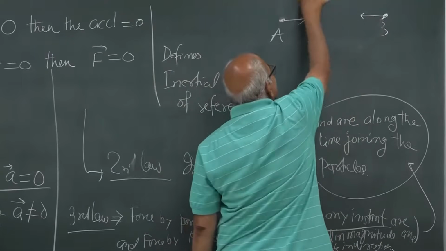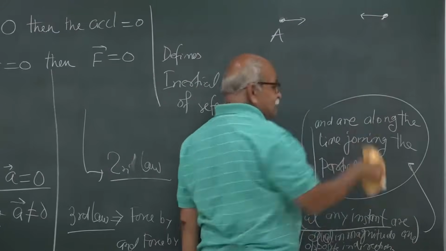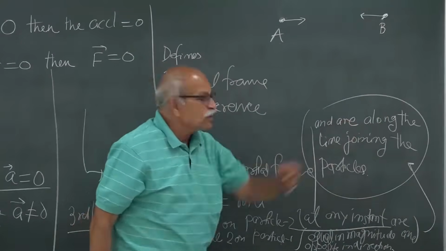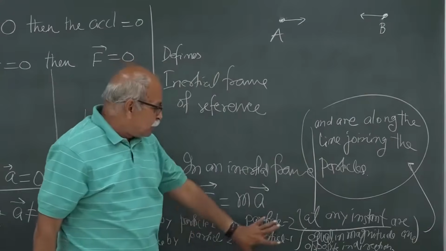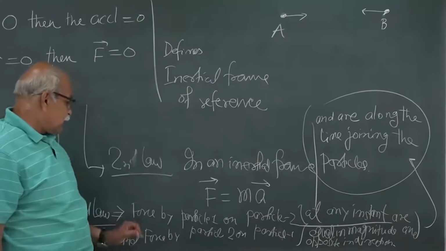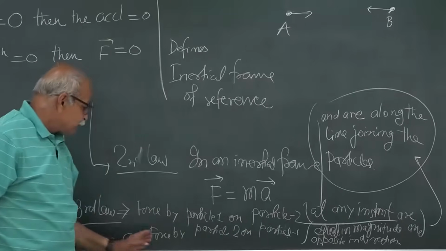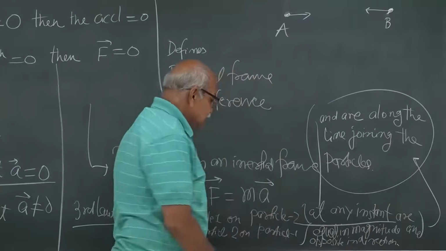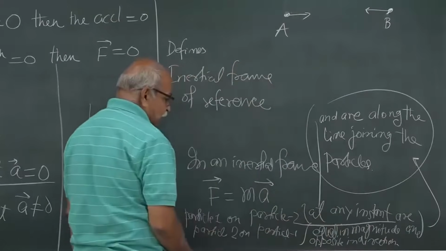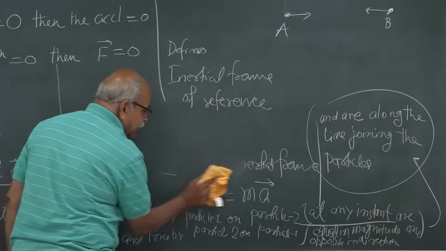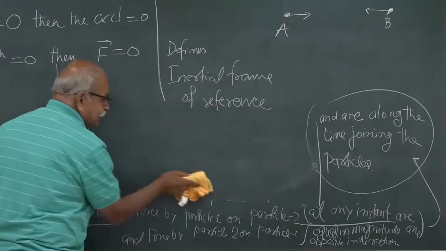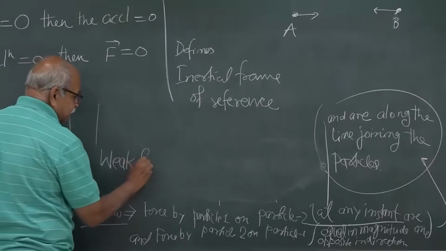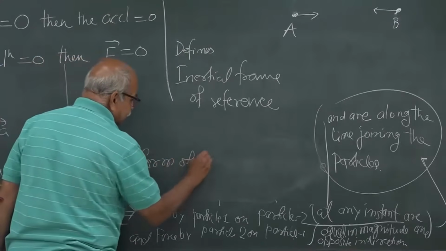Okay. Now, if that does not happen, maybe in some cases if it does not happen, then this part will not be valid. Now, if you stop here, what is Newton's law? Force by particle 1 on particle 2 and force by particle 2 on particle 1 at any instant are equal in magnitude and opposite in direction. If you stop here, this is sometimes called weak form of Newton's third law, right.